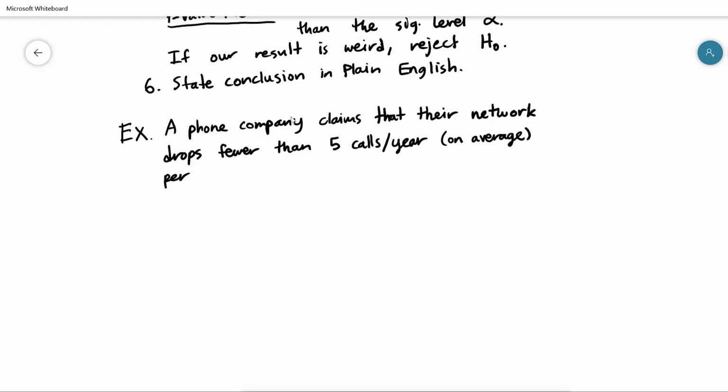So per customer, not total, 5 calls per year per customer.